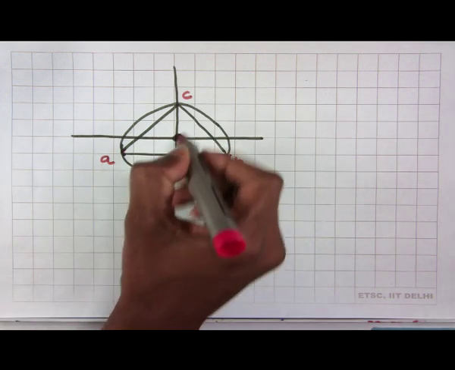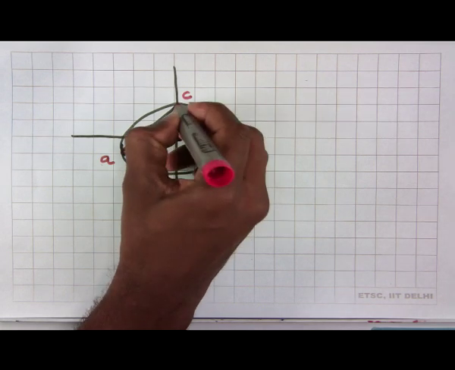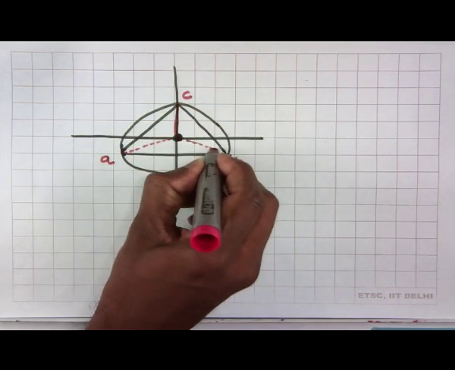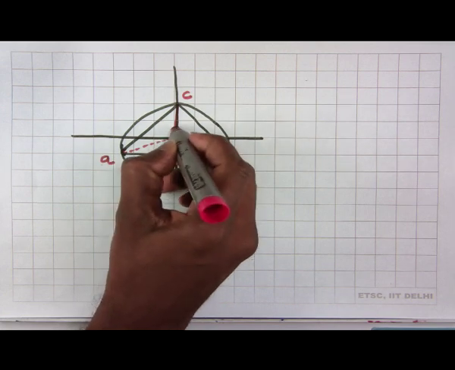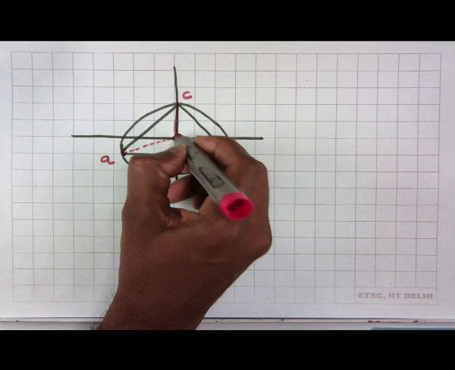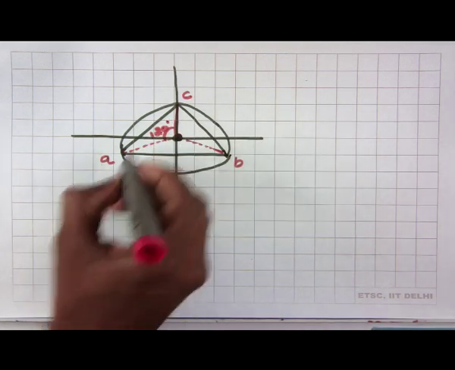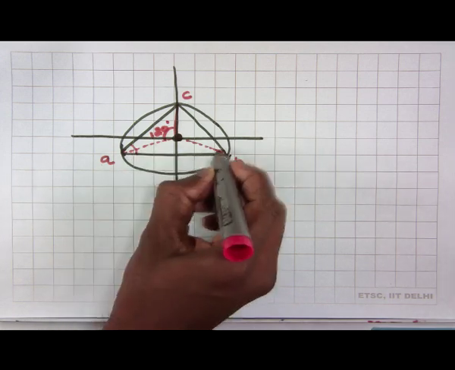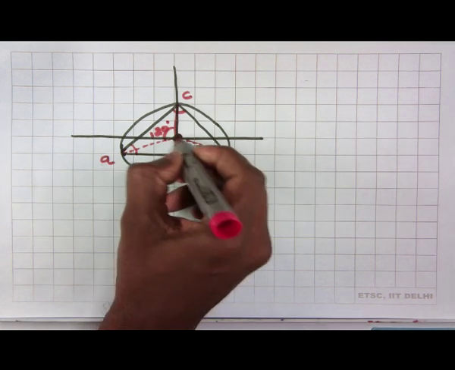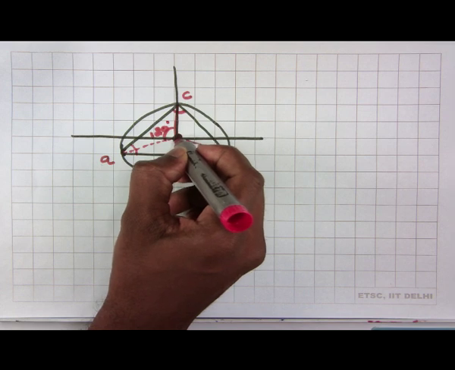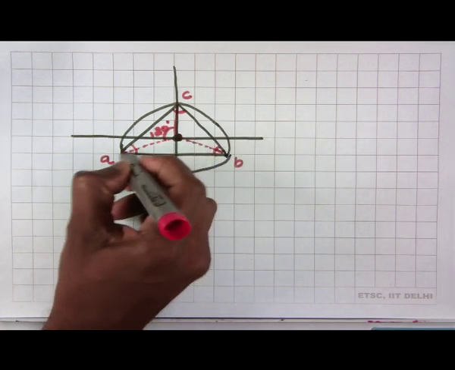Now what we observe is the angle between these vertices makes 120, because this angle is 60, they are equal angles because of the equilateral triangle, and since the center is both the centroid as well as the circumcenter, it bisects this angle.